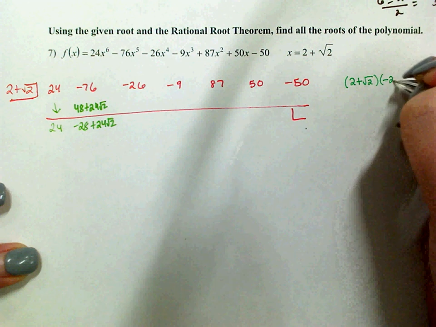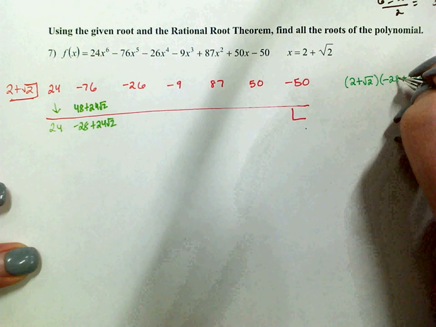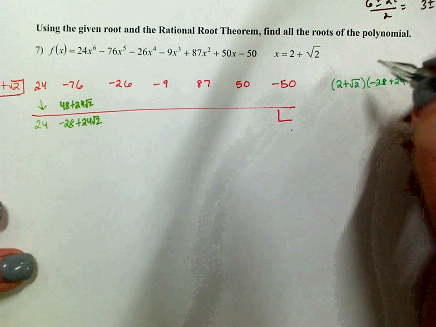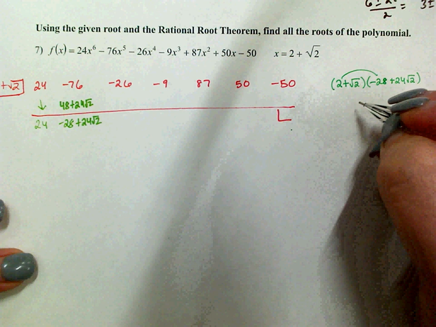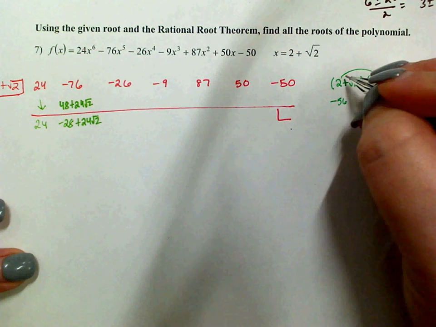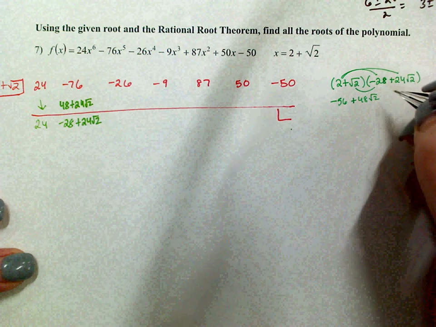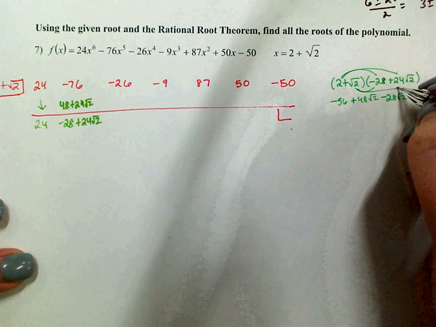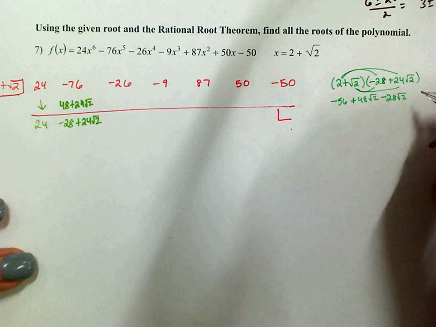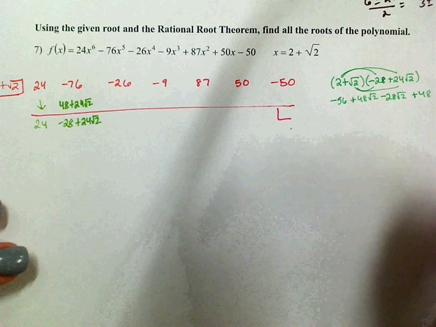All right, I've got 2 times negative 28, that's negative 56. 2 times 24 square root of 2 is 48 square root of 2. Negative 28 times the square root of 2 is negative 28 square root of 2. And square root of 2 times 24 square root of 2 is 24 times 2, which is 48. So negative 56 plus 48 is negative 8.